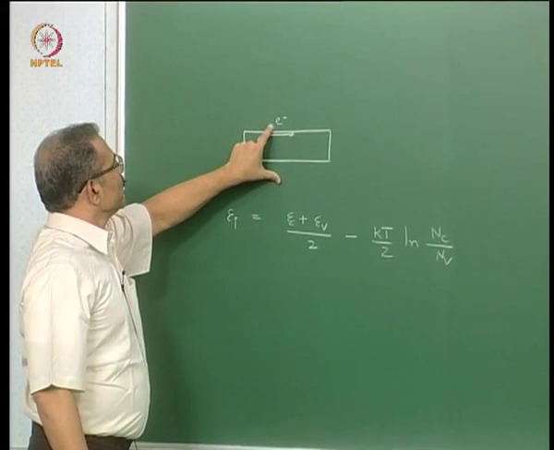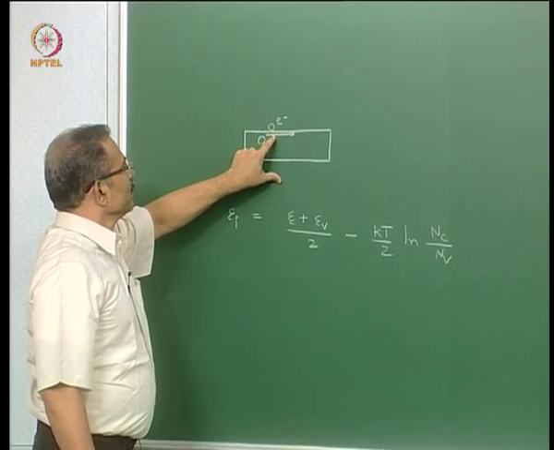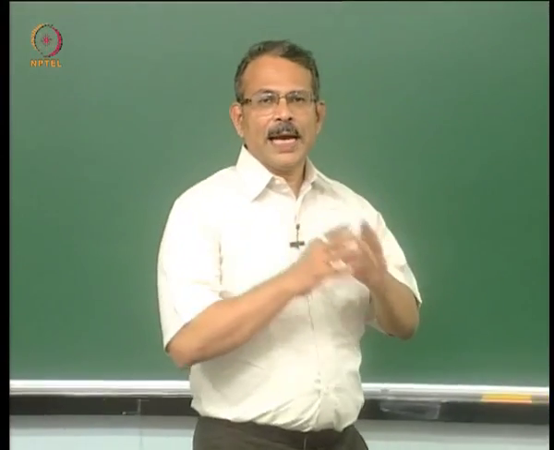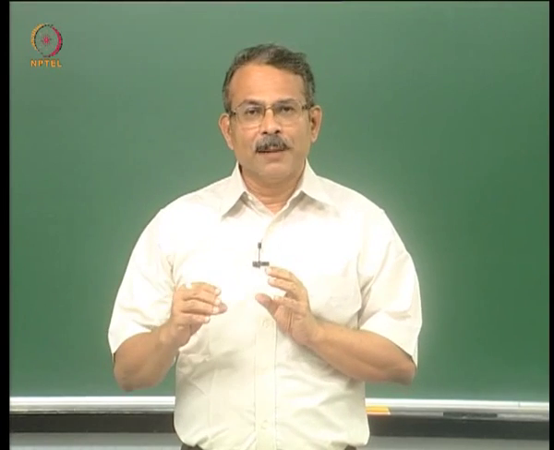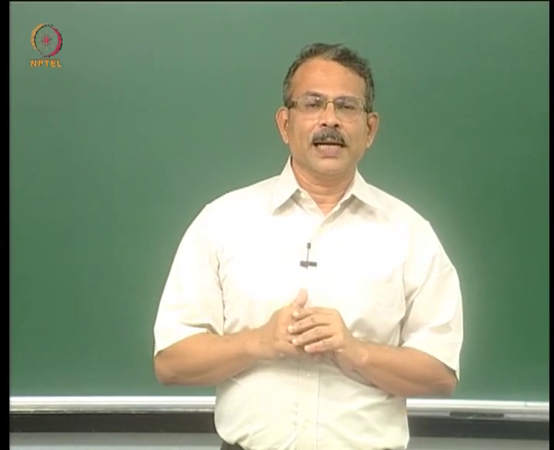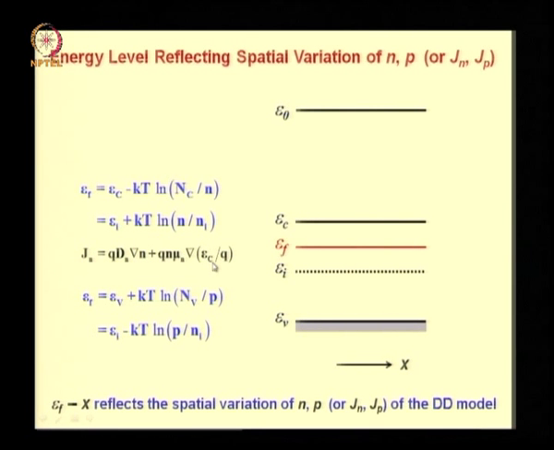E naught corresponds to the energy of the electron touching the semiconductor from outside, whereas the electric field in the Jn expression is the electric field acting on the electron in the conduction band, that is the electron inside the semiconductor but in the conduction band. Therefore the accurate expression is in terms of the gradient of EC by q, which is the potential of a conduction electron.